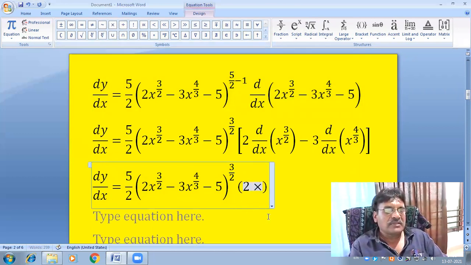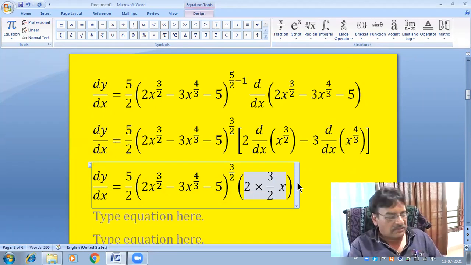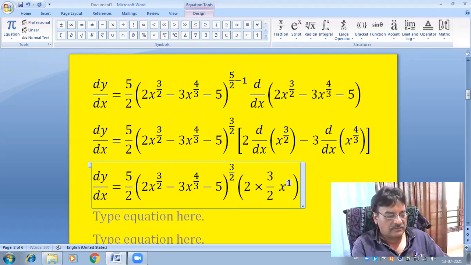Here n is replaced by 3/2, so 3/2 into x^(3/2 minus 1); cross multiplying, we get 1/2.